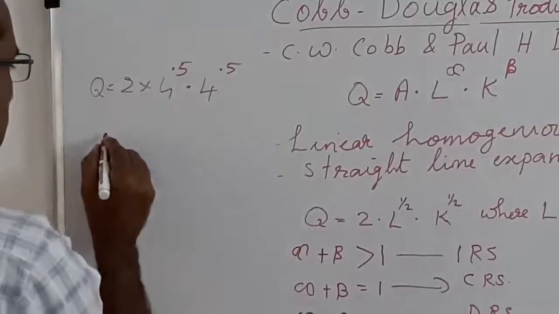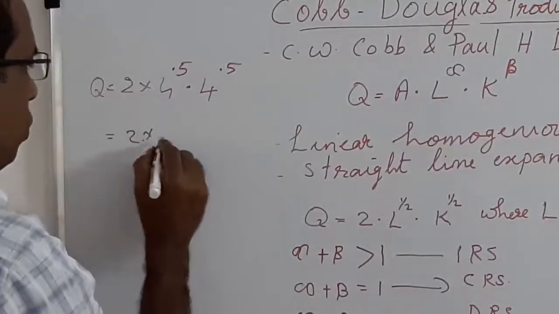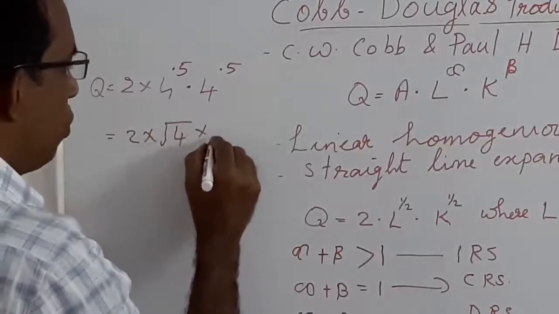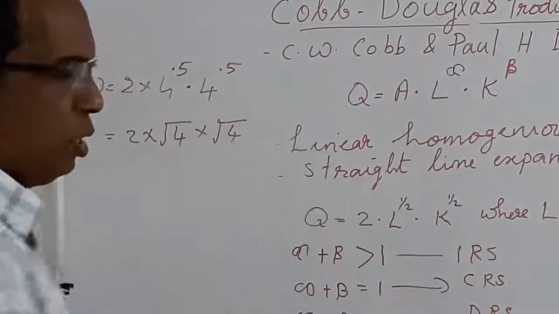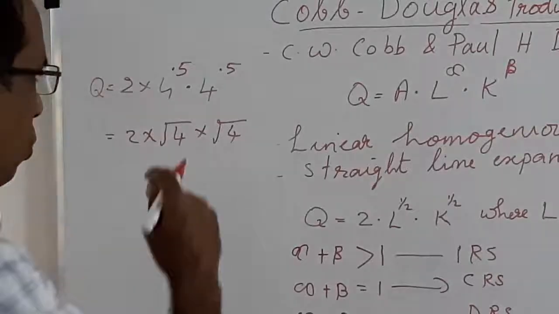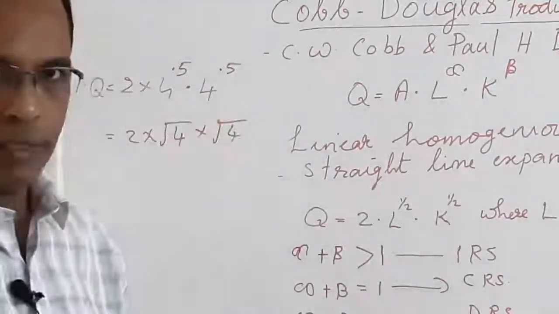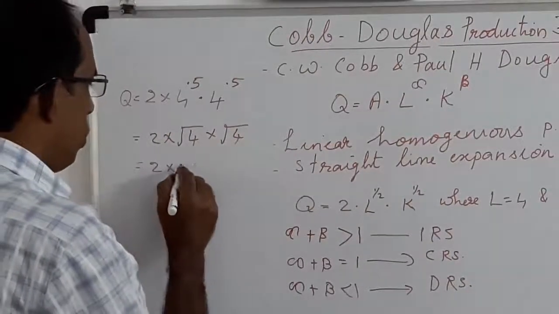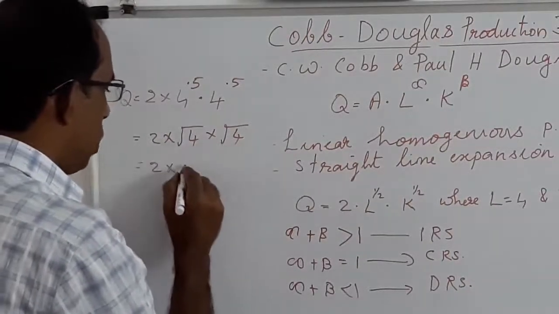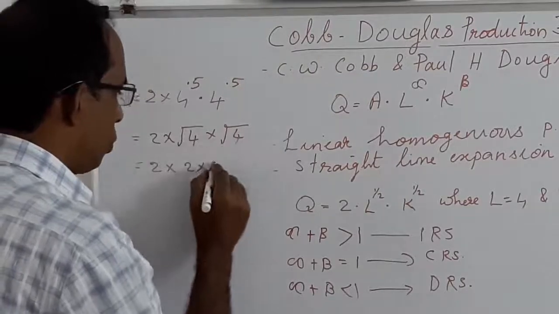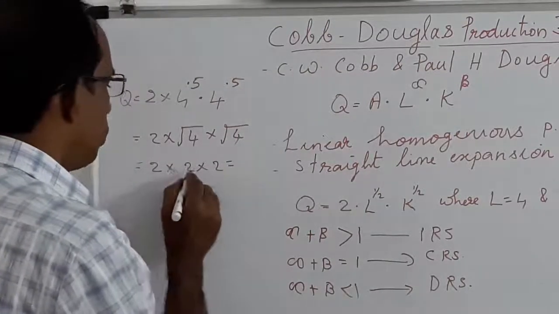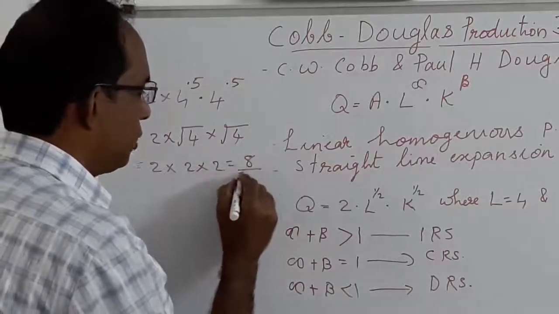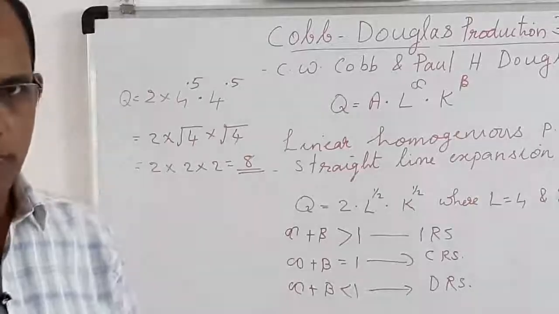Then this can be rewritten as 2 into root of 4 into root of 4. 4 raised to half means root of 4. Right. And this is again equal to 2 into root of 4, which is 2. So 2 into 2 is 4, and 4 into 2 is equal to 8. Output is 8.